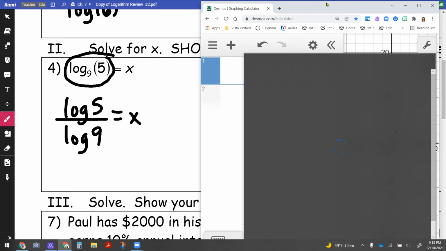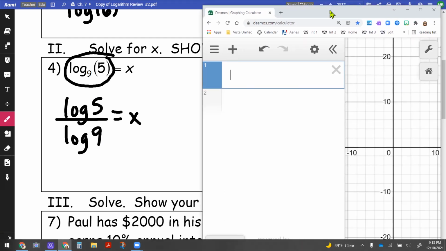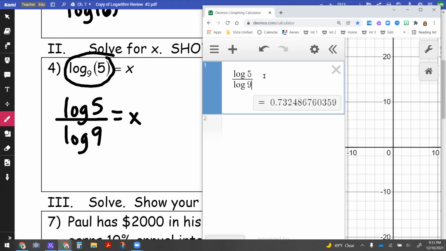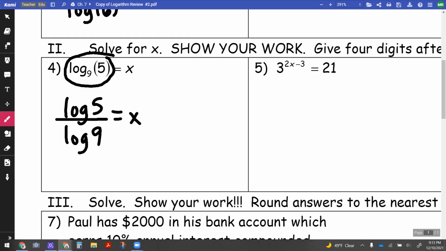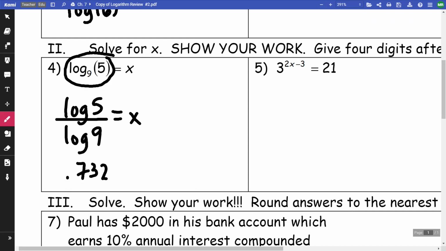If I am doing log of 5 divided by log of 9, you see I get 0.7325 if I round. I could also have just typed in log base 9 of 5, and you see I get the same thing. So 0.7325.